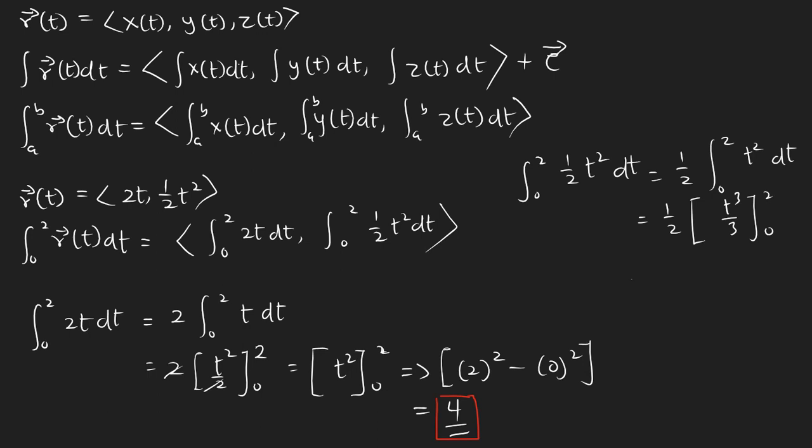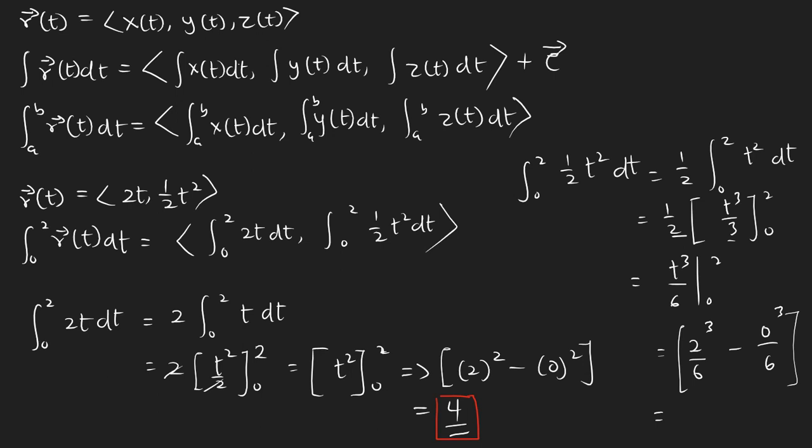So let's simplify this. We're going to have t to the power 3 divided by 6, because I multiply the 2 by the 3, and then from 0 to 2. So let's do the substitution. We're going to have 2 to the power 3 divided by 6, minus 0 to the power 3 divided by 6, and of course that would be 0.